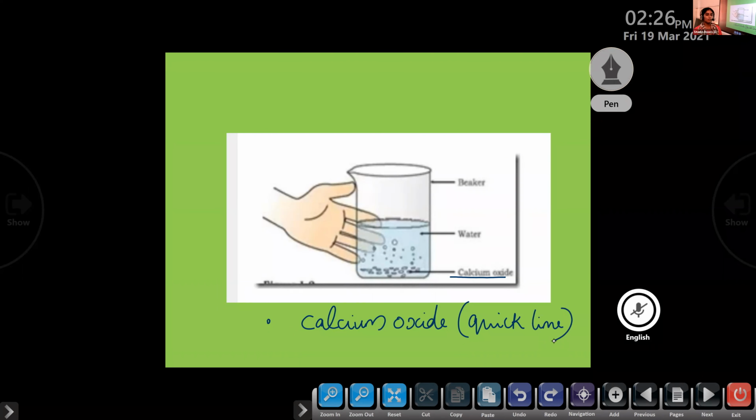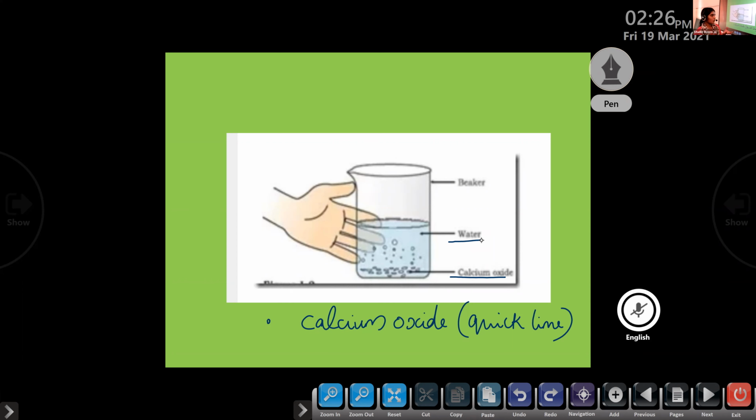We take a small amount of calcium oxide, otherwise known as quicklime, in a beaker and add water to the beaker. Then after some time, when we touch the bottom of this beaker, we can feel hot.